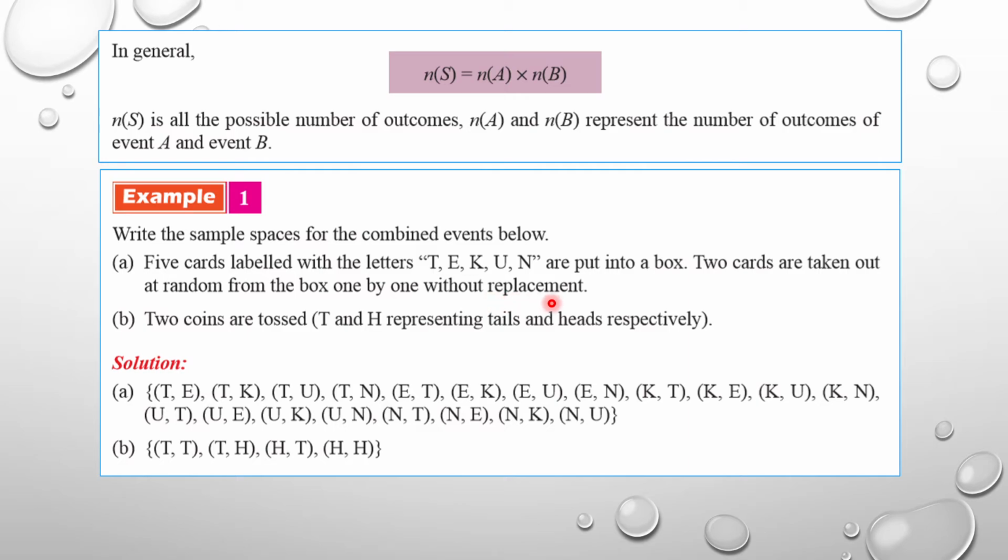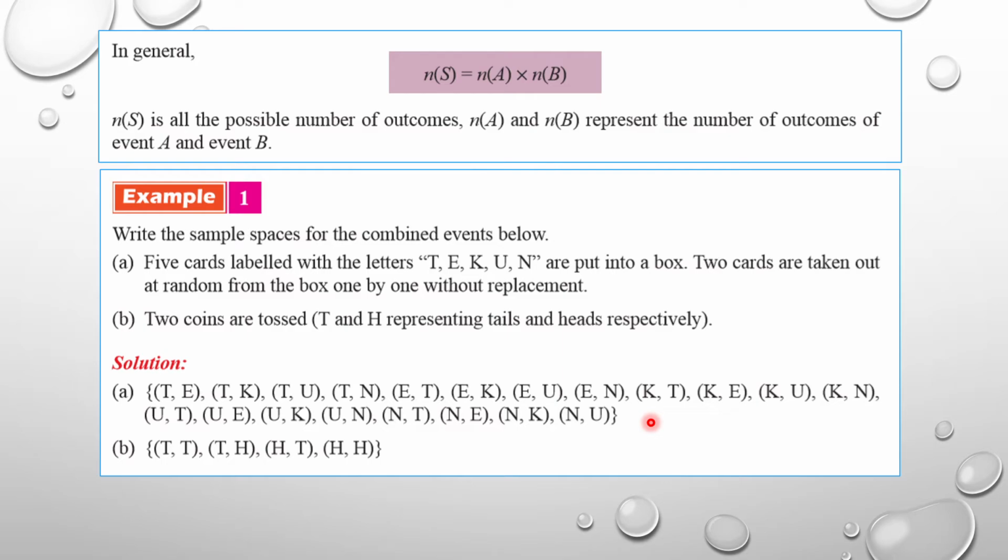Okay, you can see the solution there. So these are all the possible outcomes. If you are not asked to list out all the possible outcomes and you just want to know how many possible outcomes, you may use the box method or permutation.